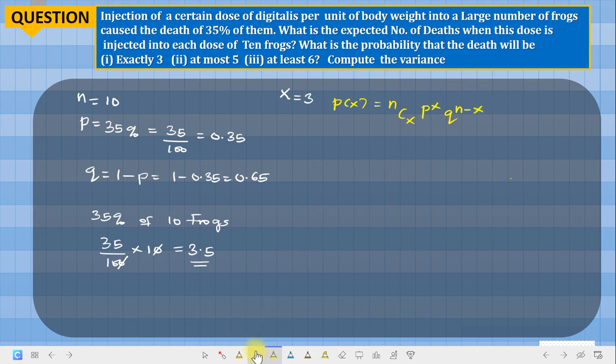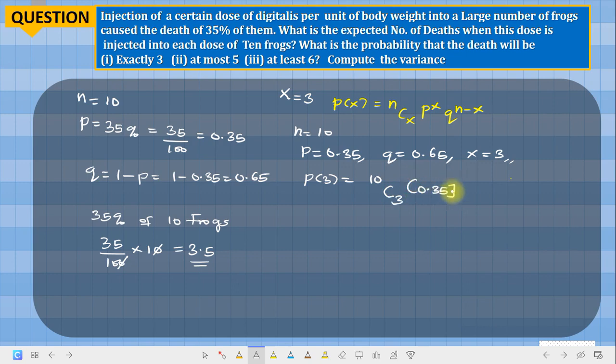Now we already brought out our parameters. Our n is 10. Our p is 0.35. Our q is 0.65. In this case exactly 3 means our x, the event happening, is equal to 3.